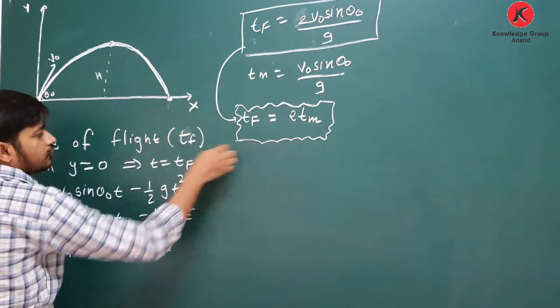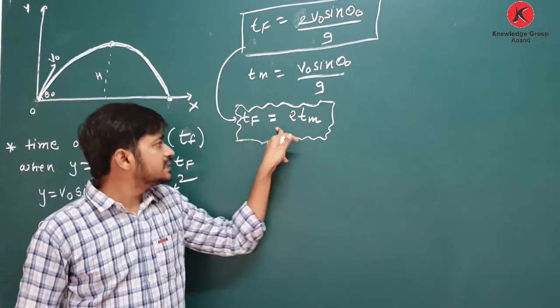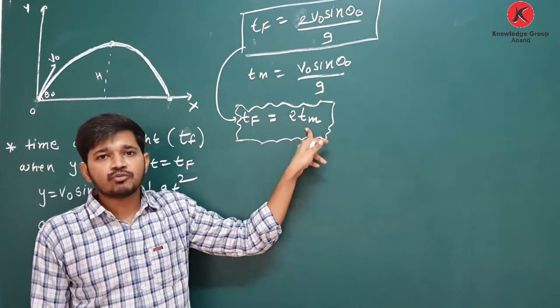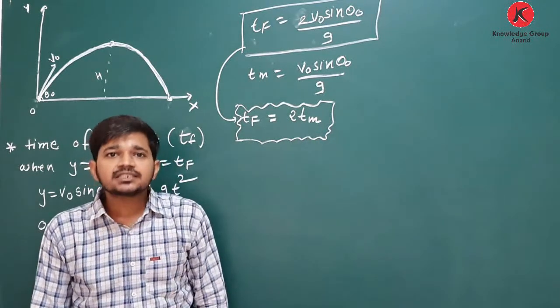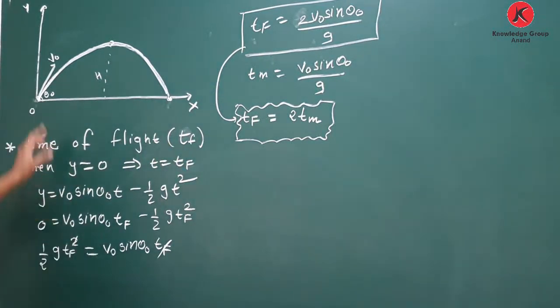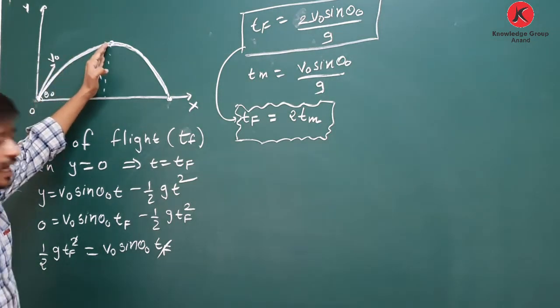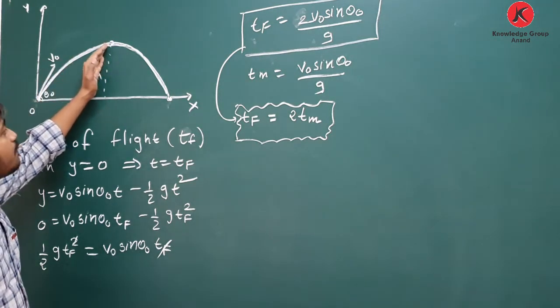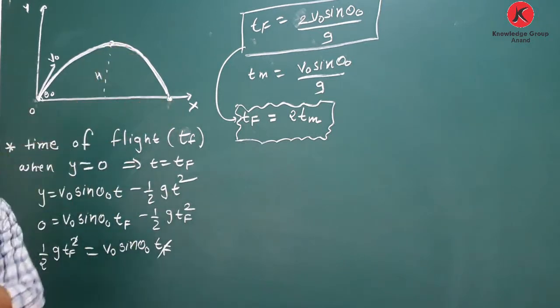And see the result: time of flight is twice the time to reach maximum height. It means the time taken by the particle to reach maximum height is equal to the time taken by the particle to reach the same level.